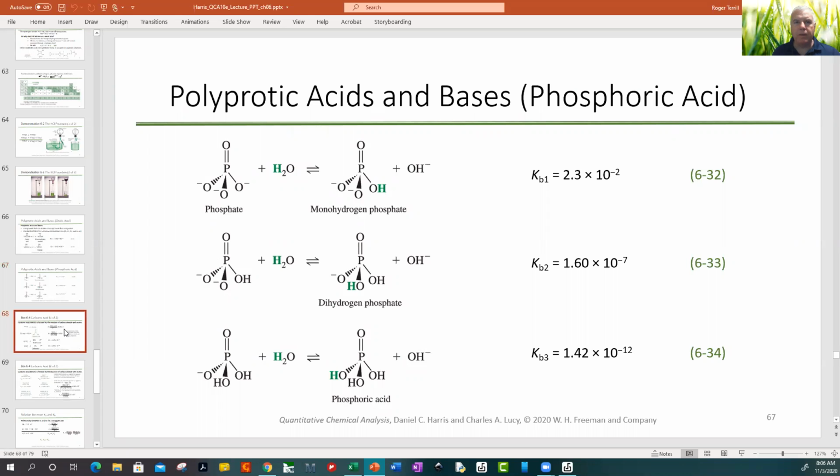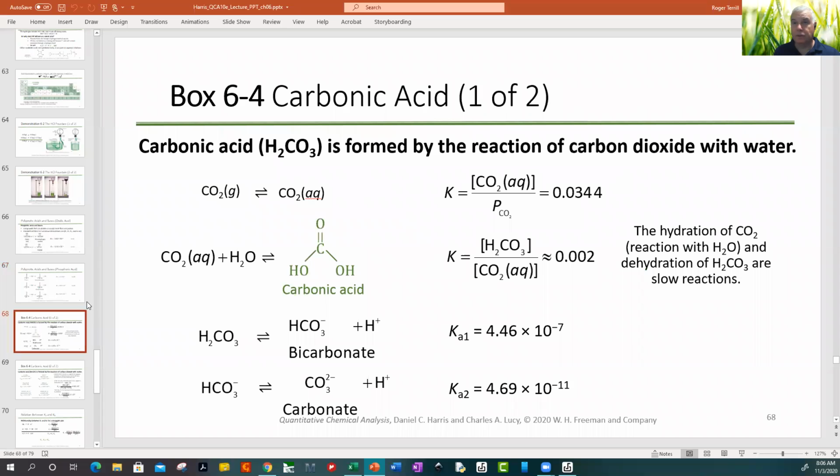Okay, and then carbonic acid is a little bit weird because there are a couple of equilibria that precede the carbonate acidity piece. You have CO2 that gets hydrated, basically goes into the water, and the CO2 concentration divided by the pressure is 0.03.